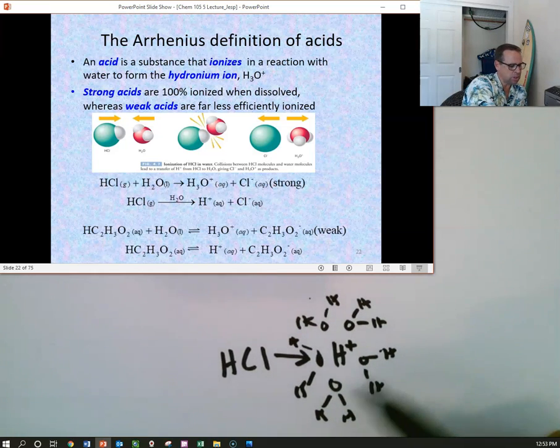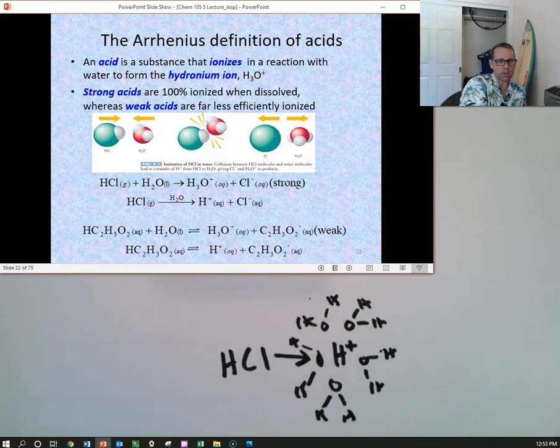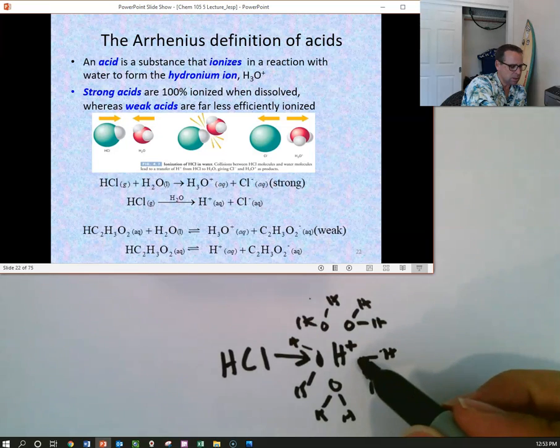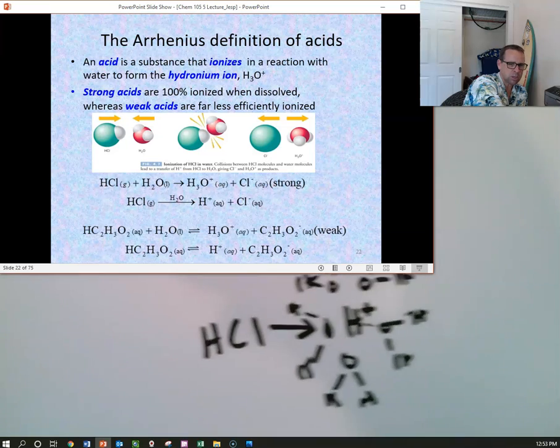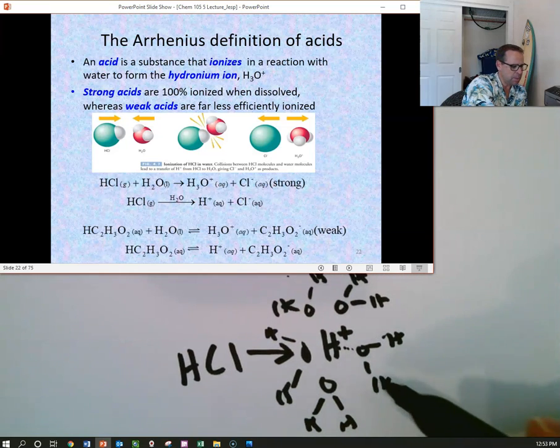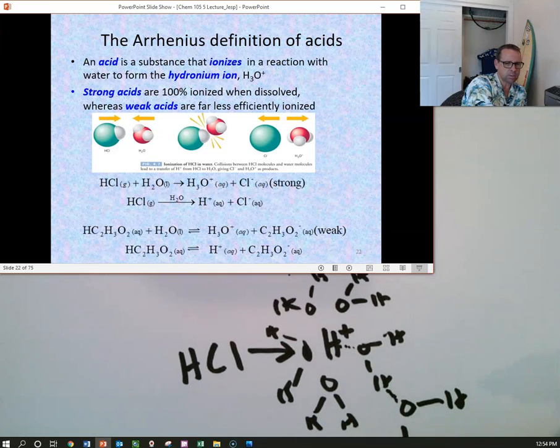All of the oxygens, because they have a slightly negative charge on them, surround it. Because this hydrogen is attached to that oxygen as well, a new bond can form with a neighboring oxygen. And when that happens, this bond will break, and another water molecule that's passing by will form a bond here with that hydrogen.